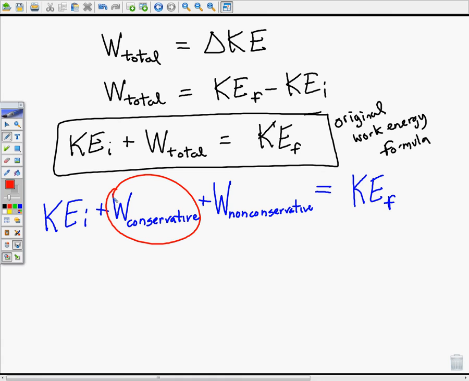So we're going to swap out work done by conservative forces, and we're going to replace that. And many times it's way easier to calculate these potential energy terms than it is to calculate the work done by the conservative forces. So that's where we're headed.